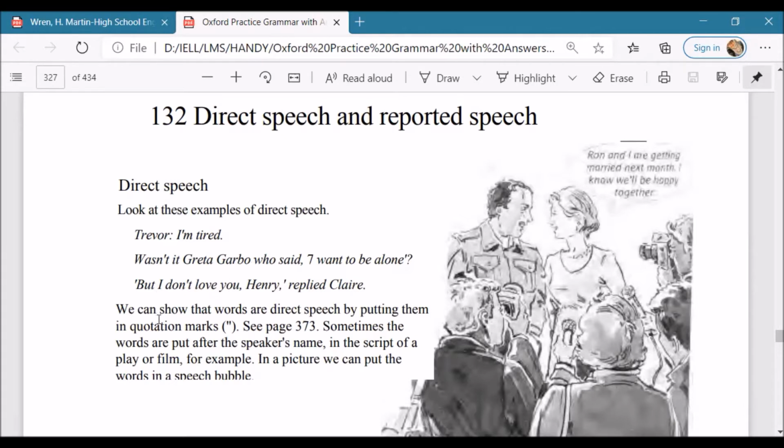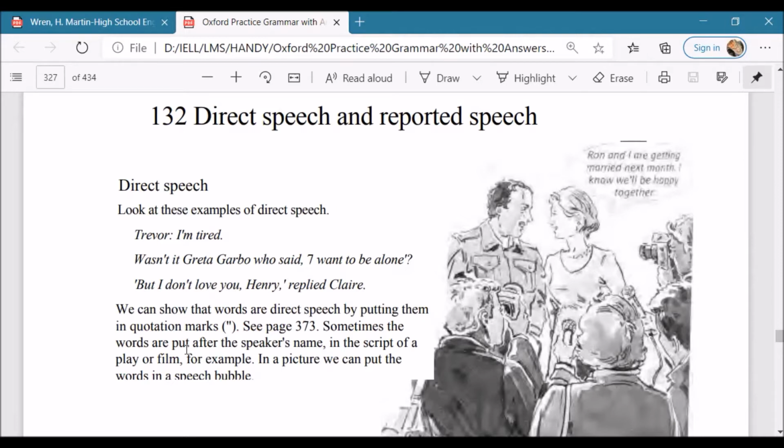We can show that words are direct speech by putting them in quotation marks, like done here and here. By using quotation marks in writing, it is obvious that these are the exact words that were said by someone else.